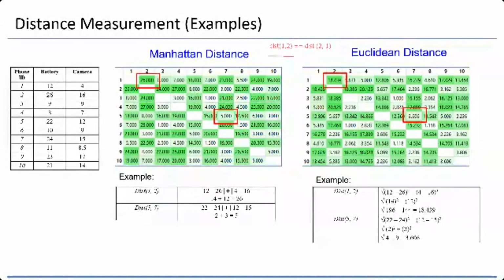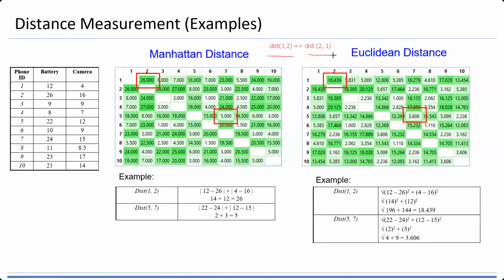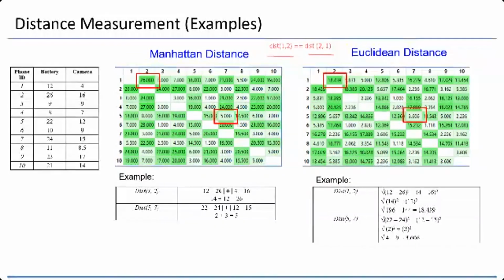Distance between data 1 and 2 and distance between data 2 and 1, same or not same? Same. Okay. So this is the same. You can see here the data 2 and 1 is the same with the data 1 and 2.